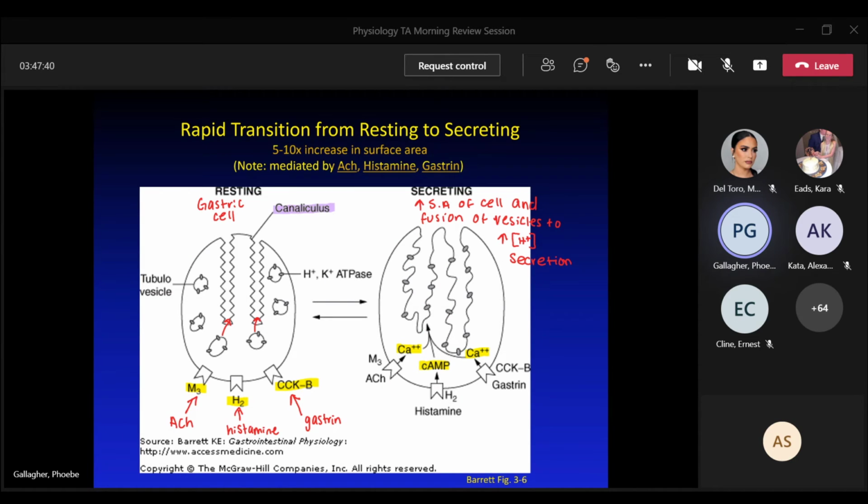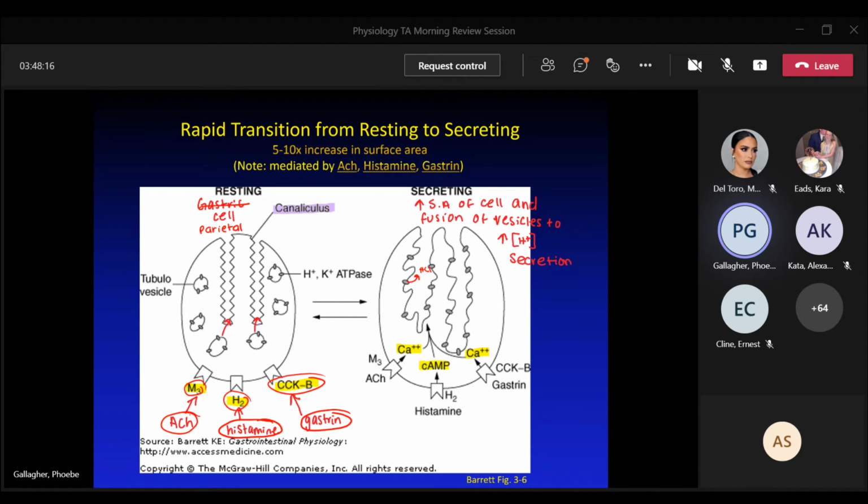Okay, so here is your, I wrote gastric cell, but it's technically your parietal cell. Your parietal cell is the one that makes hydrochloric acid, so it has receptors for acetylcholine, histamine, and gastrin. And these receptors are your muscarinic, your H receptors, and your CCKB, which I don't think we've learned about yet. But anyways, you have these canaliculi in the parietal cell, and the canaliculi can open up and increase their surface area to increase secretion of hydrochloric acid.